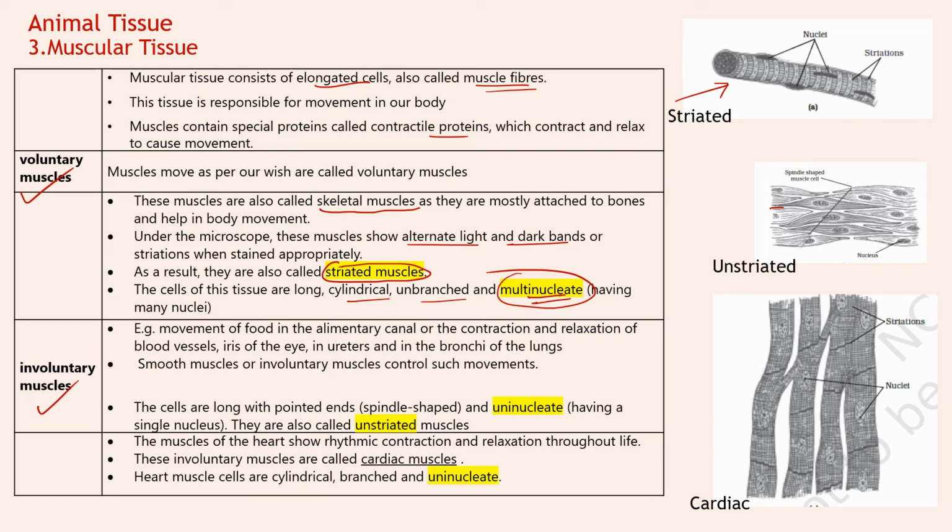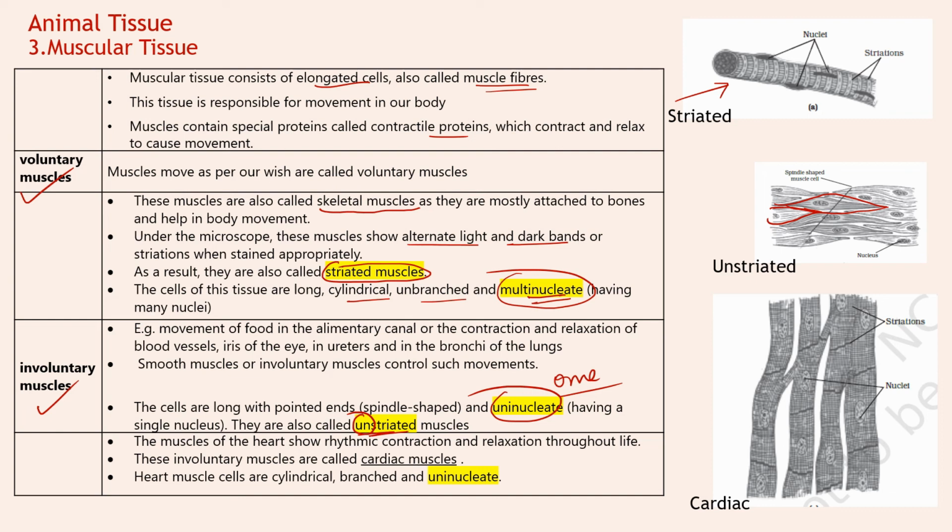Now these cells have a point at their ends, as you can see over here. At both ends they have a point. And they are uninucleate, meaning they have only one nucleus in the cell. They are also unstriated because we cannot see any band pattern.